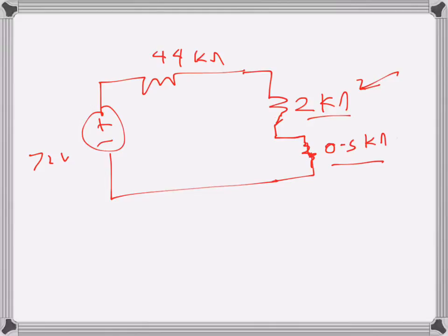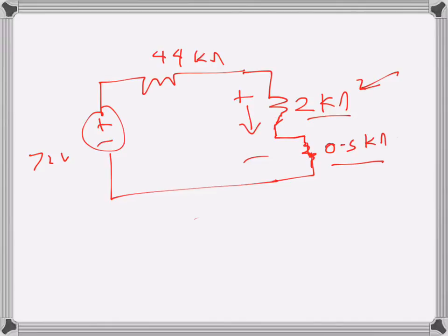So anyway, the current here now will be, let's call it I2, the current through that. The ammeter reading basically will be 72 divided by 44 plus 2.5. So let's do it like that. The voltage drop across the 2 kilo ohms resistance, as the ammeter would measure.